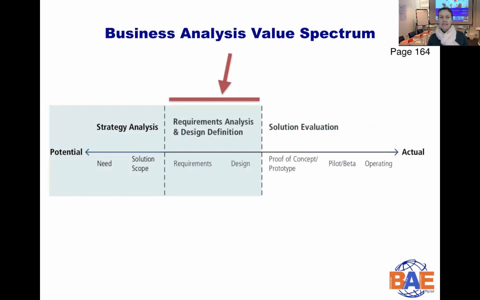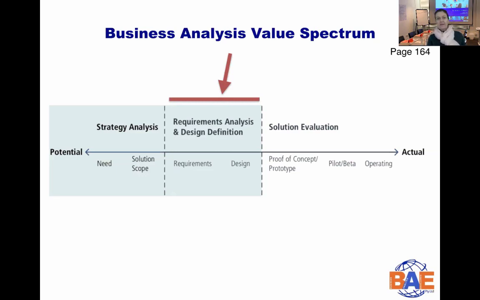So we are looking here at the requirements analysis and design definition, which sits pretty much around the middle of our business analysis value spectrum. So we've done some of the needs analysis and the solution scope on the potential side of the value spectrum, which means we've done some high-level analysis around strategy analysis.